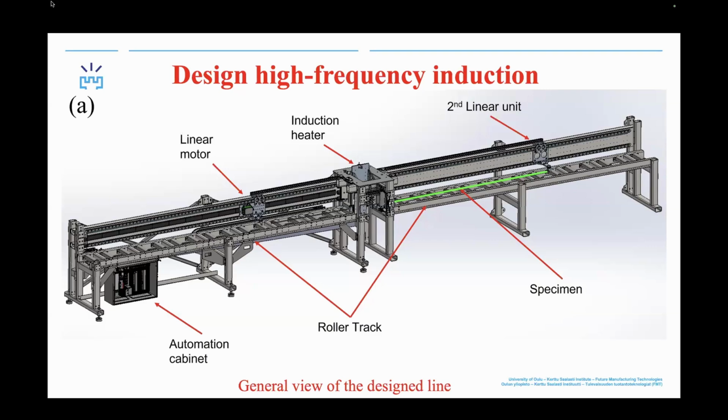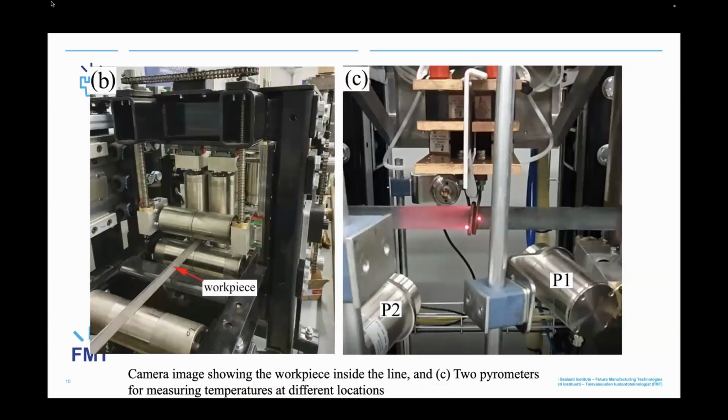I just show you that we have different machines: the Gleeble for flash annealing, and this one with high frequency for a long sample, with a coil and a pyrometer to measure the temperature. This is for semi-industrial use.